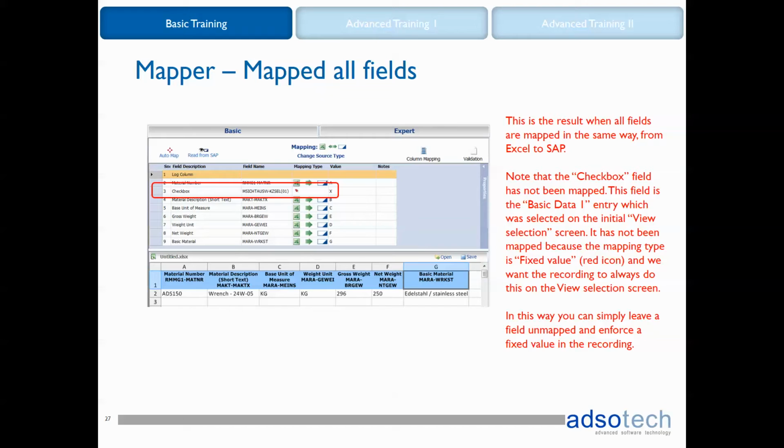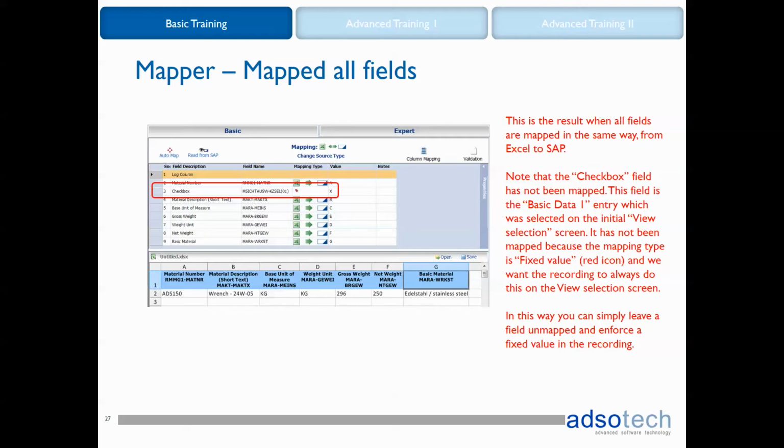And why we don't want to do any dragging or dropping for this particular checkbox, it's because we always want the script to do the exact same selection. We always want it to select basic data 1. So we will leave it as a fixed value. So we don't do any dragging or dropping for it.